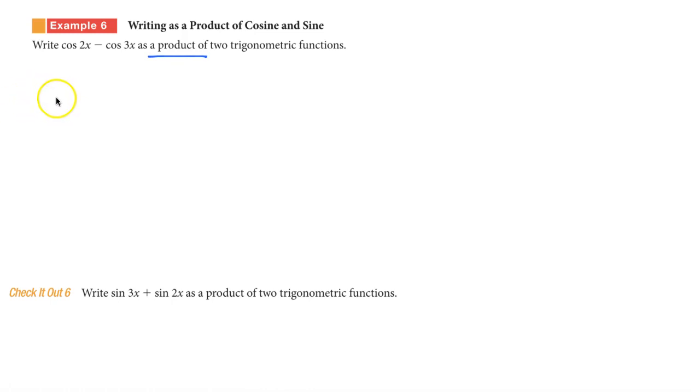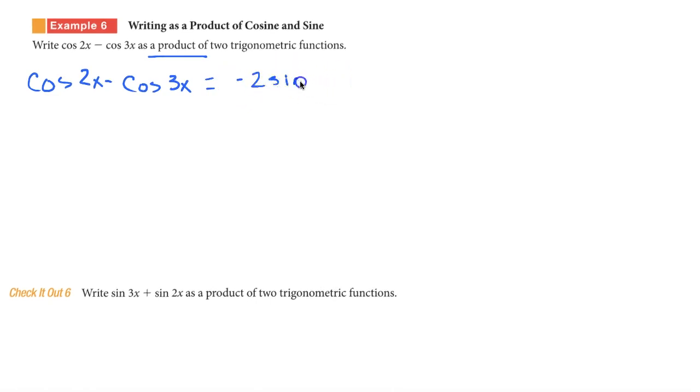So we're going to use the trig identity of going from a difference of cosine A, cosine B. You might want to look for that one: cosine 2x minus cosine 3x. If you look at your identities, they're a little more complicated. That's why I don't like going this way if I don't have to.